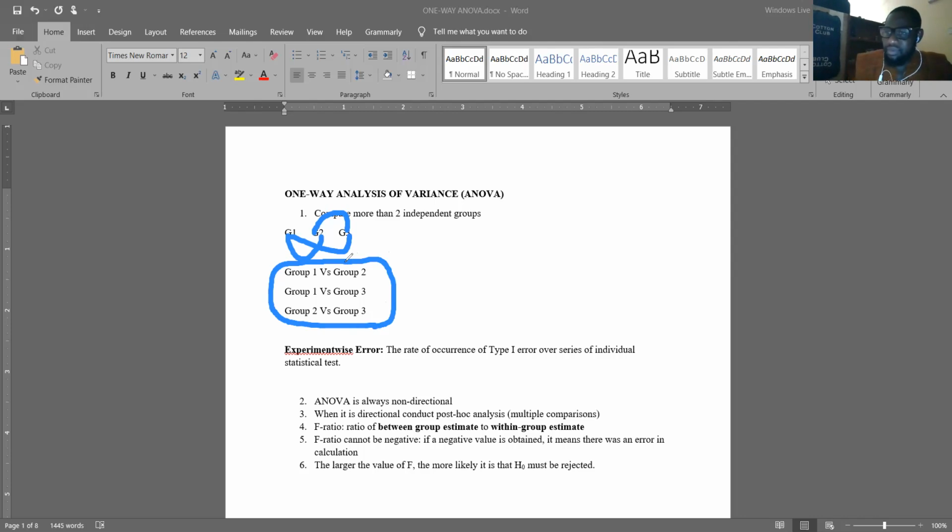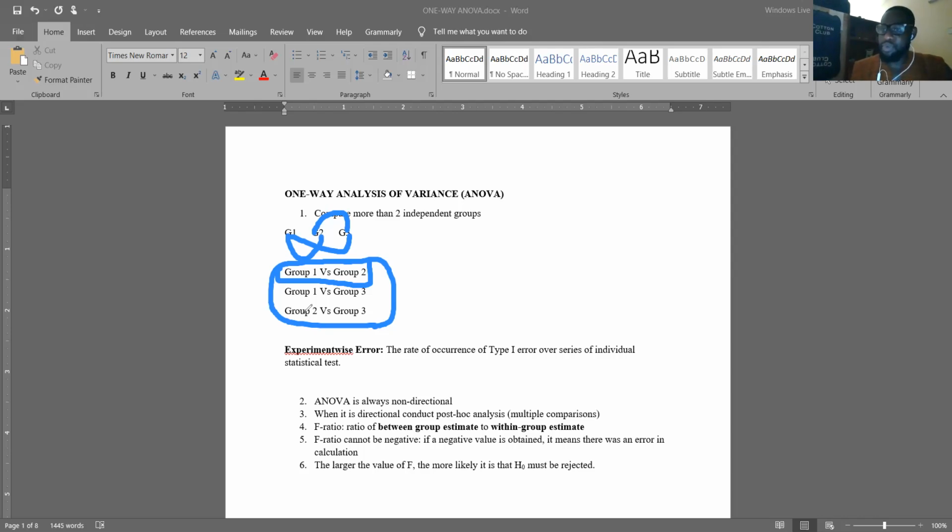So one would say, okay, then why don't I use independent t-test and run Group 1 and Group 2 separately, Group 1 and Group 3 separately, and Group 2 and Group 3 separately. So it means you can use independent t-test to run these comparisons.